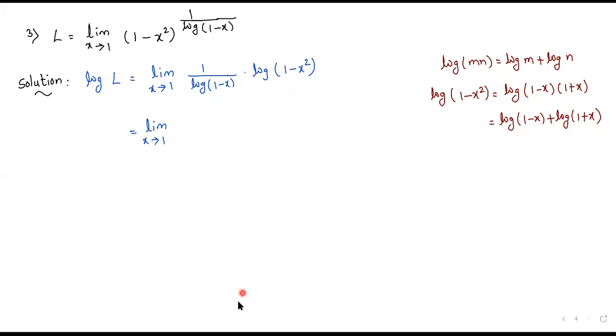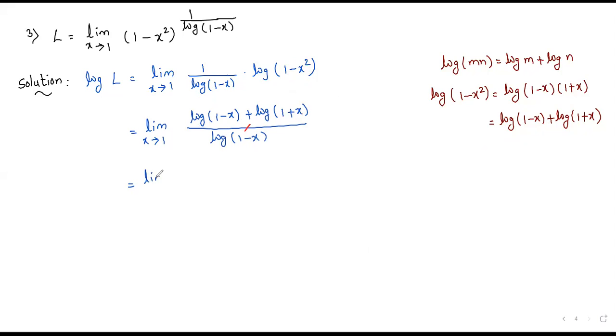So this will be log of 1 minus x plus log of 1 plus x, and what is the denominator? Log of 1 minus x, right? Now you can split here. So what will come?